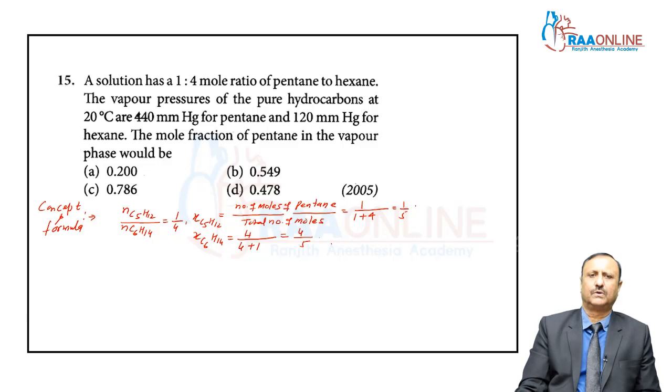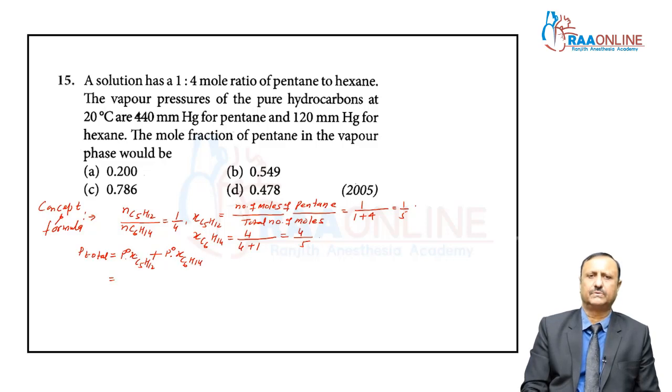These are the mole fractions present in the solution. Now, my dear students, we can calculate the total pressure, P total. What is the P total? You know very well: P total equals P0 vapor pressure of pentane times its mole fraction, plus the P0 for hexane times the mole fraction of hexane.